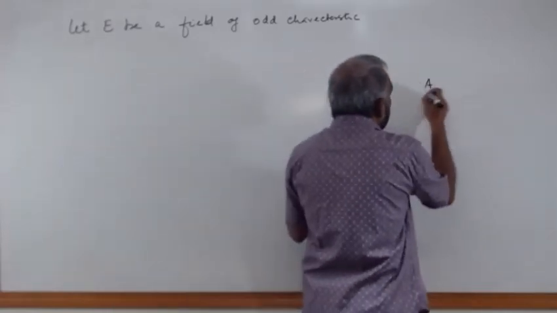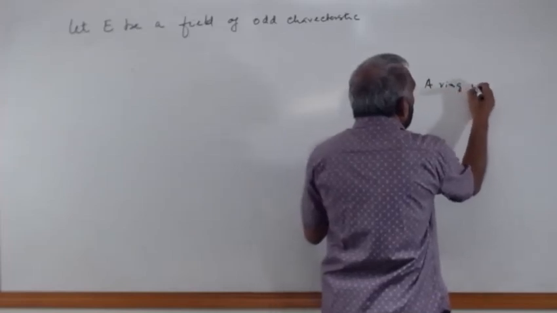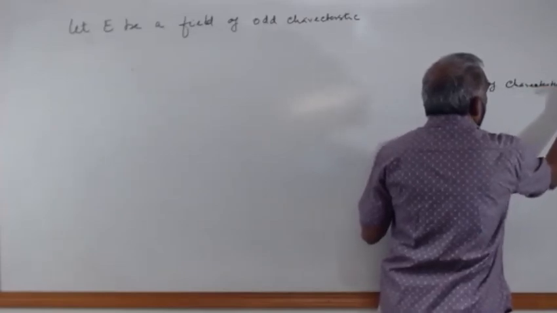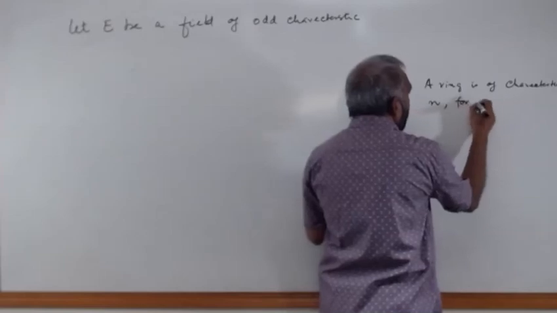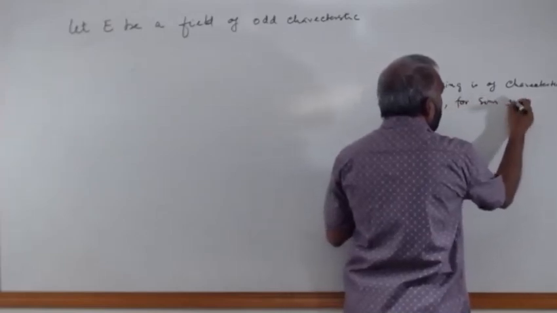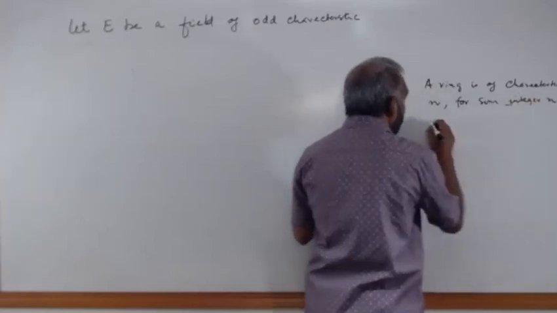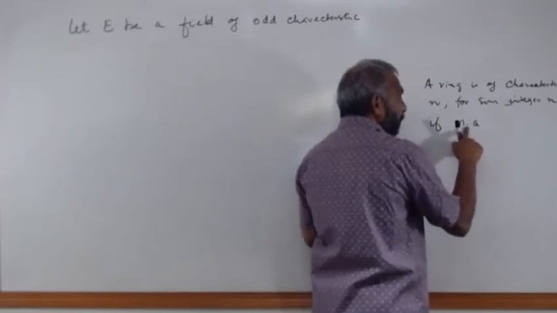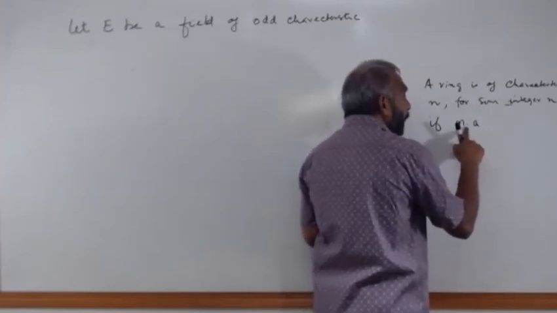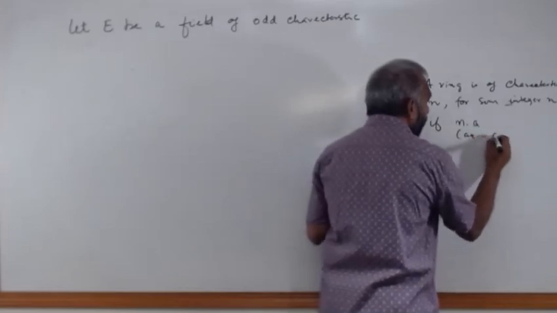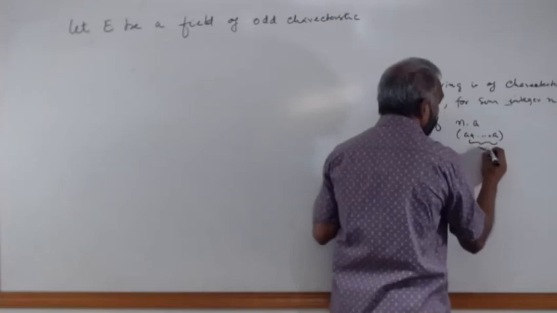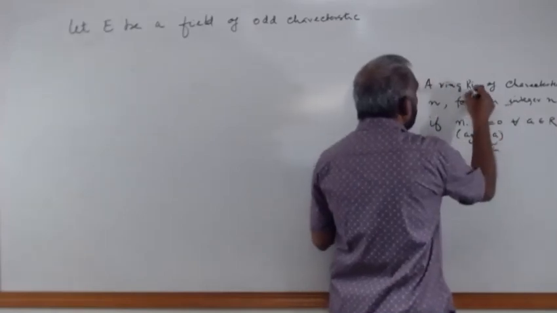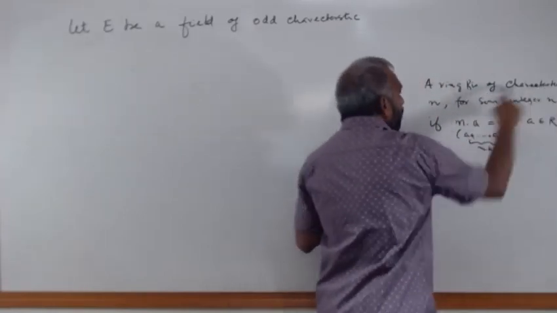A ring in general is of characteristic n for some integer n if n times a, which means not multiplication but a added n times, a plus a, n times, is equal to 0 for all a in R. A ring R is of characteristic n.